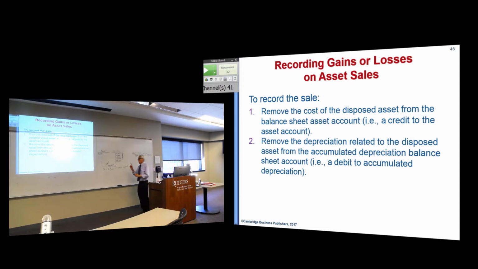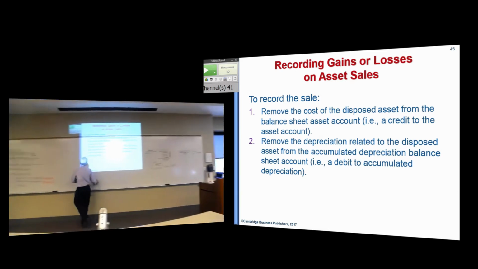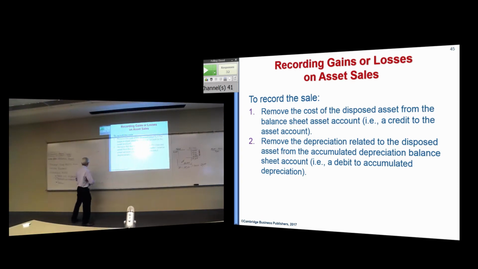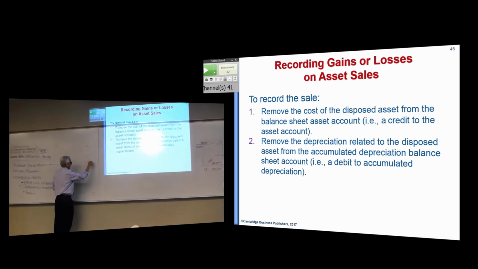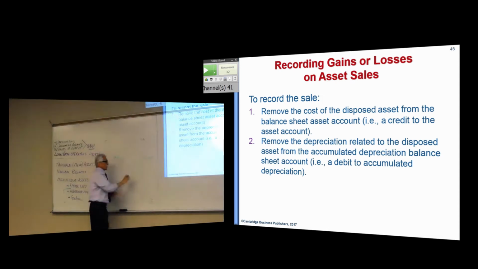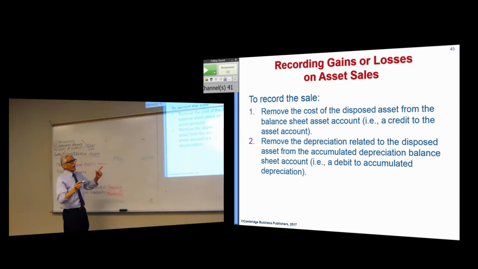So when you make the journal entry to record the sale, and the journal entry is coming right up, but I'll put it here. You know you've got cash. This is a compound entry. The first thing we do is we remove the book value.